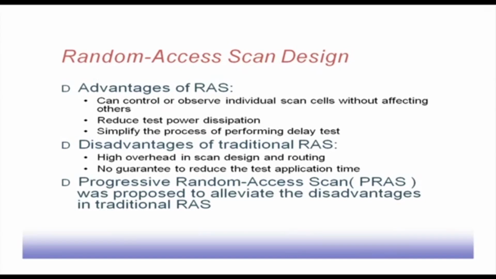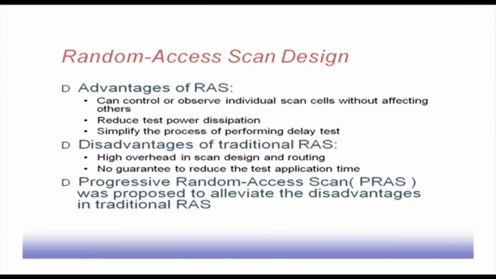Another strategy is random access scan design. We want to access any of the flip flops in any order, unlike in a serial scan. In a serial scan, if you want to access a particular flip flop, you have to shift in the patterns through the serial input line via the previous scan flip flops, and only then will it come there.